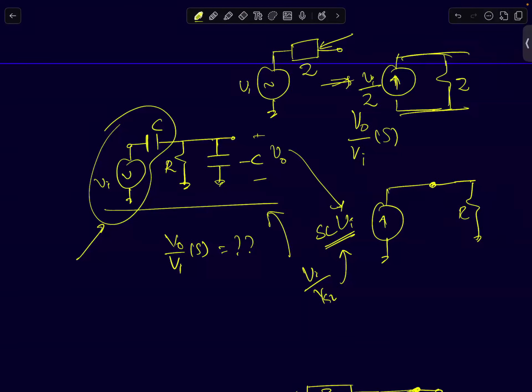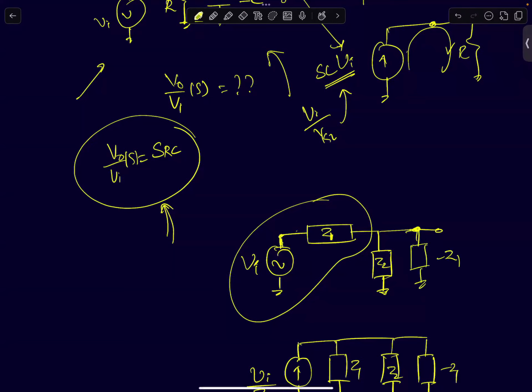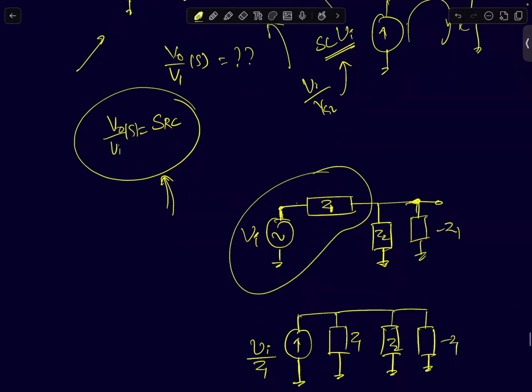Now, I'm going to generalize this theorem and simply say that if I start with an input voltage source with a series impedance Z1 in series with it, I'll start with a potential divider network, Z1 and Z2. And then if I connect another impedance whose value is say minus Z1, then do a similar source transformation.